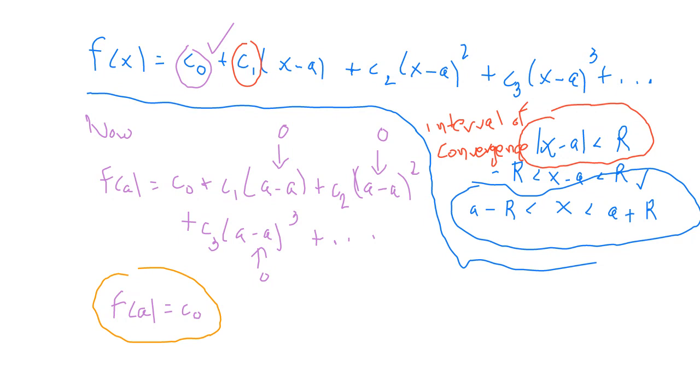All right. So let me go ahead here. I don't think I have any more room at the bottom, so I'm going to have to rewrite the power series again. But are we okay with the first coefficient equaling the function evaluated at a? Are there any questions on that?